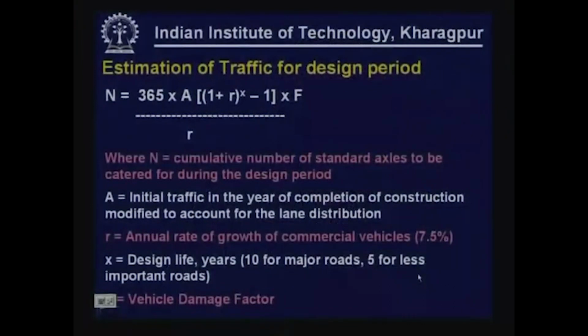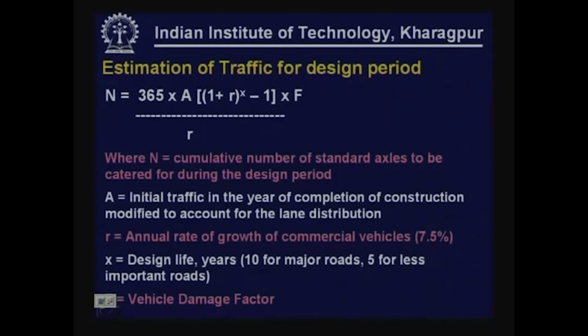From the value of A that we estimated, N, which is the cumulative number of standard axles to be catered by the pavement during the design period, is given as N equal to 365 A into (1 plus r) to the power x minus 1, into F, divided by r. r is the annual rate of growth of commercial vehicles.